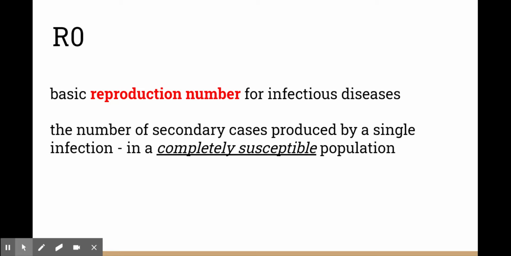The R naught, or basic reproductive number, is basically how fast a disease spreads. It is the, quote, number of secondary cases produced by a single infection. And here's the caveat: in a completely susceptible population. Well, what does that mean?